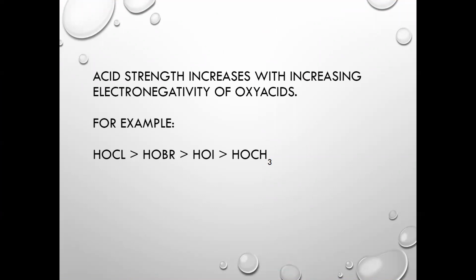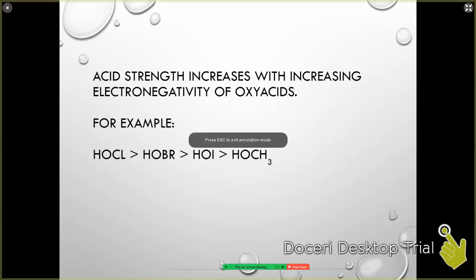As far as acid strengths with increasing electronegativity of oxyacids, here we have chlorine, bromine, iodine, and then here you would look at carbon. So you can see the more electronegative it is, because chlorine is more electronegative than bromine. If you look, fluorine is the most electronegative.